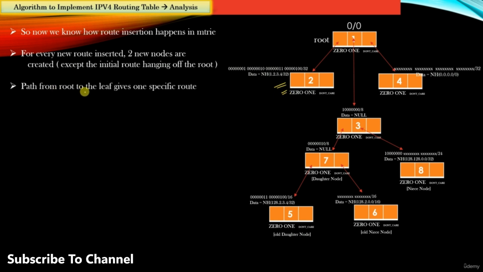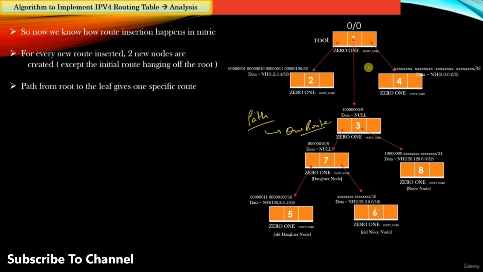Path from the root to the leaf gives 1 specific route. So this is a tree in which 5 routes were inserted, and if you walk this tree from the root to any leaf along any branch of the tree, each path from the root to the leaf is specific to 1 route.